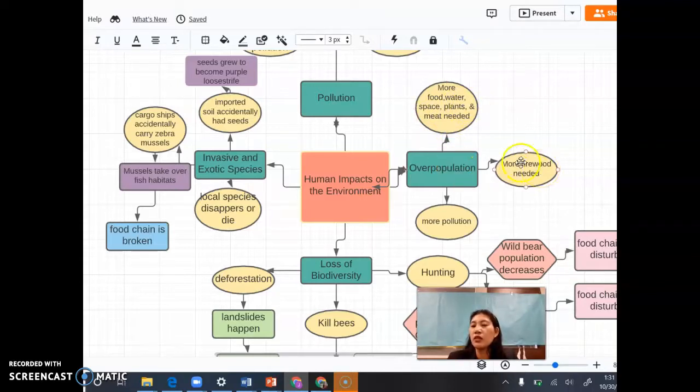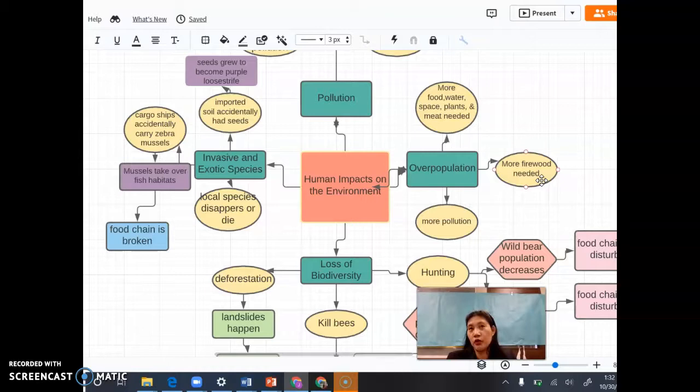It also means more firewood is needed for room temperature in the house if the place is snowing or cold, or for cooking and baking.